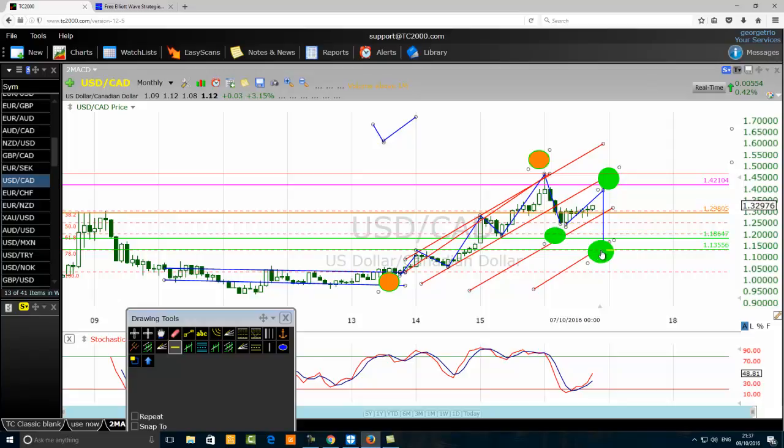The 78% Fibonacci retracement of the multi-wave, which is at 11355, is also equal, in this case, it's not always, but in this case, it is equal to the 161.8% Fibonacci extension of the move from here down to this level here.